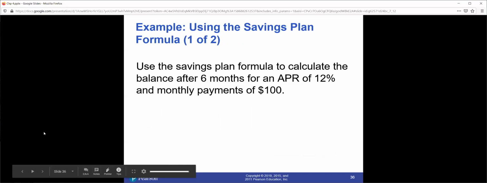So what does that mean? I have a savings plan with an APR of 12%, and then for 6 months, every month, I'm going to deposit $100. If I do this, after those 6 months, what will the balance in my savings account be? It'll be $600 plus whatever interest has been accrued in that time.